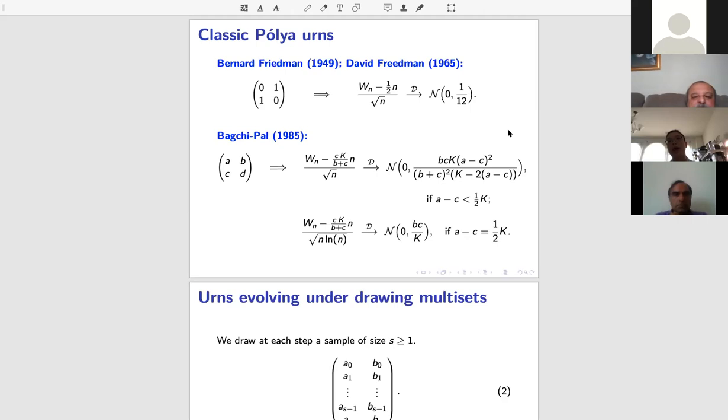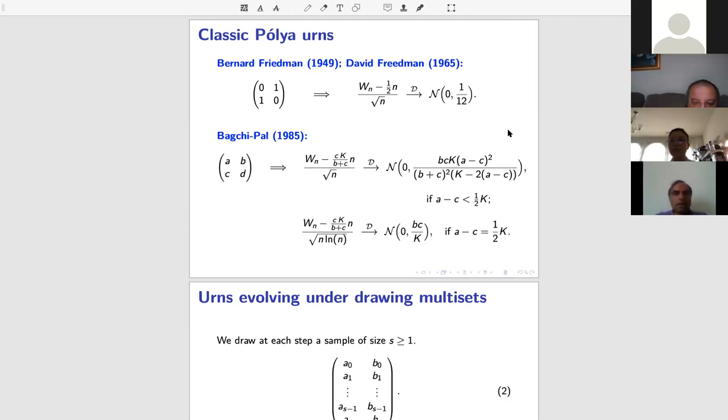And also we have a generalization from taking a fixed sample size at each time step to allowing the sample size to vary according to time, and so on, and other directions.